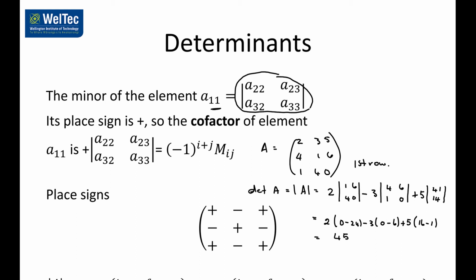If we did it along the second row, it would be negative 4 times 3 times 0 minus 5 times 4. Now look, on the second row it has to go minus plus minus, so it would be plus 1 times 2 times 0 minus 5 times 1, and then the last place sign would be minus 6 times 2 times 4 minus 1 times 3.